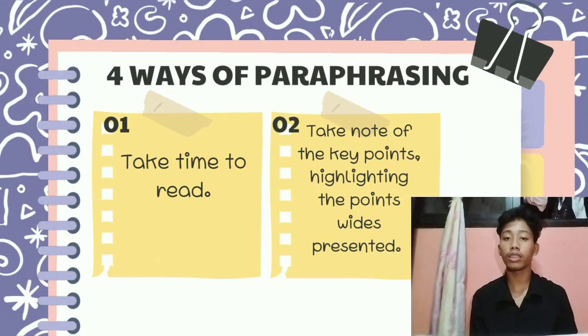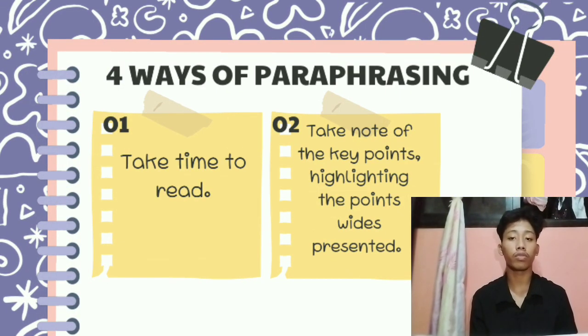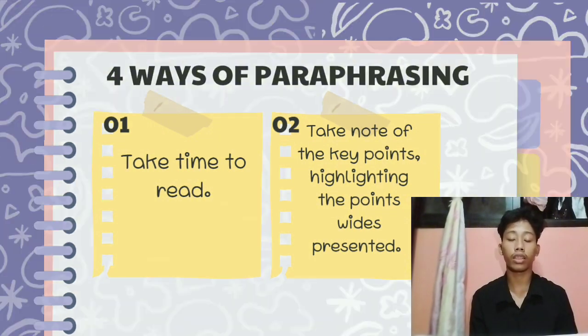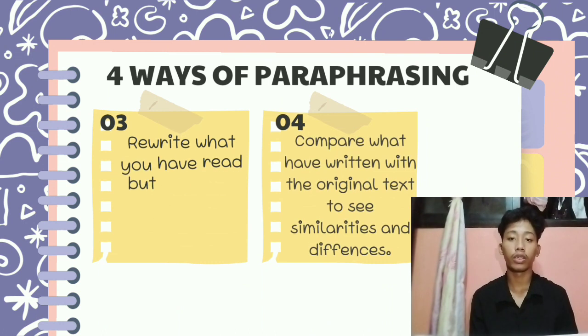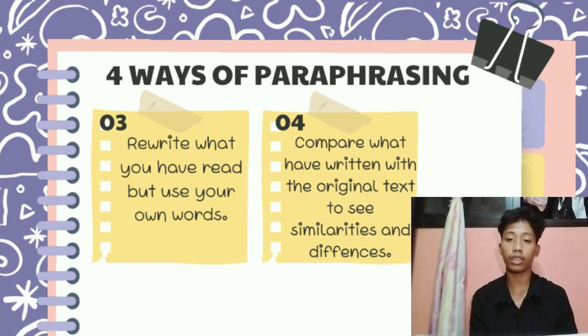The first one, take time to read. It is essential to read and understand what the point is. Number two, take note of the keynotes, highlighting the points widely presented. While reading, take down notes of the main words that can fit in the sentence. Number three, rewrite what you have read but use your own words.